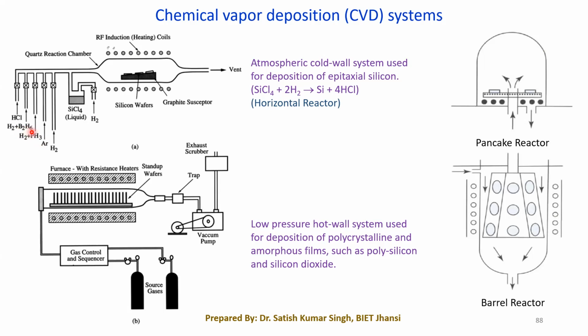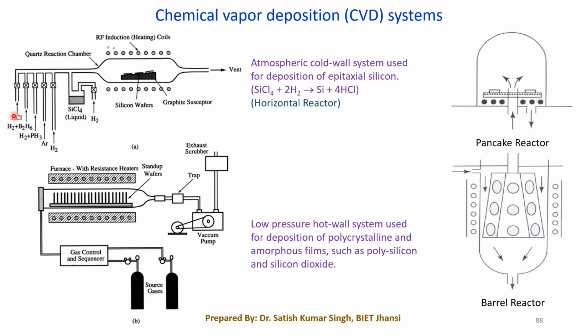B2H6 is for doping, in which we do boron doping, and here we use phosphorus doping. These must be available in gas form, and must be sent with the hydrogen gas. So these are the doping sources.